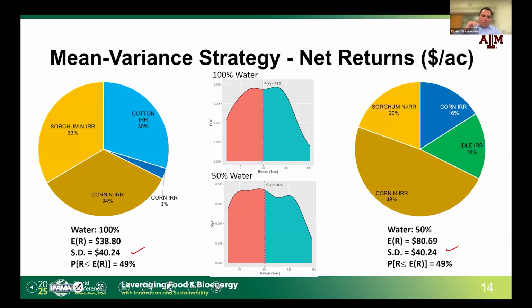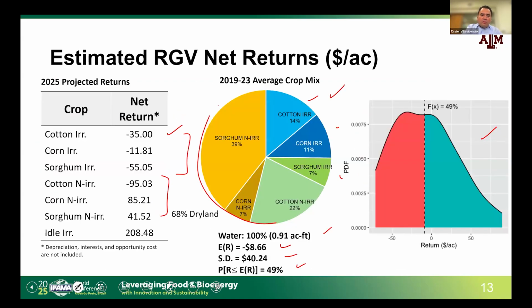And we are moving upward to find a combination of crops that give us a higher expected value. And as you can see here, this distribution assumes 100% of water, the same amount of water that we had before, okay? So we can see a different distribution from what we observe in this pie chart, okay?